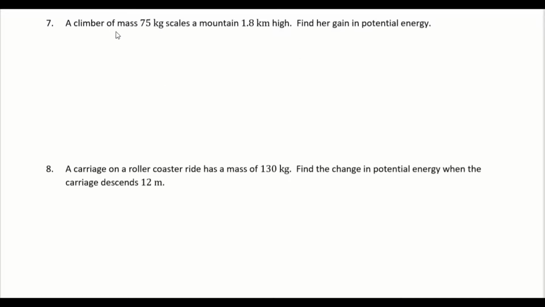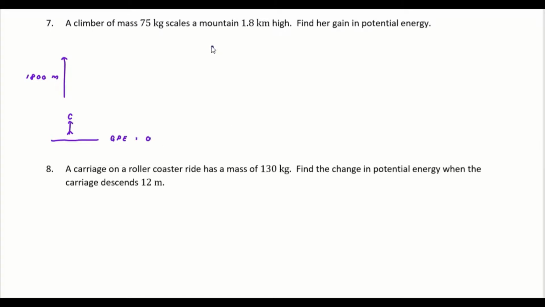Okay, so a climber of mass 75 kg scales a mountain 1.8 km in height. In other words, it's 1,800 meter. Find the gain in potential energy. It'll be easier if we just set the ground as the base level, at which the GPE is equal to 0.